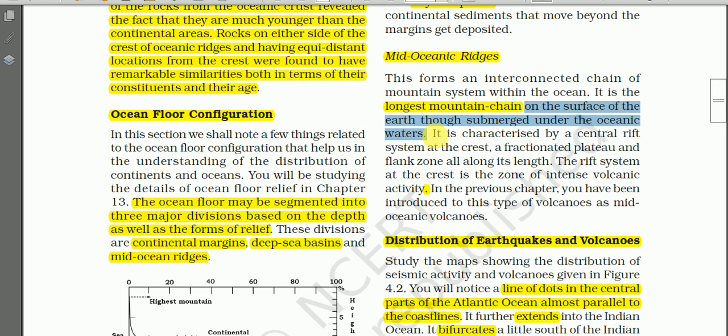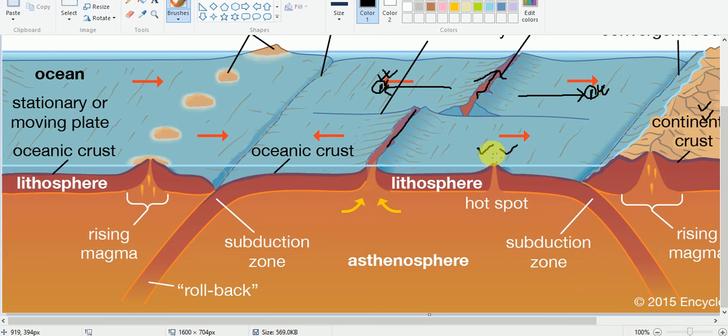It is characterized by a central rift system at the crest and a fractured plateau and a flank zone all along its length, and the rift system at the crest is the zone of intense volcanic activity. So again let us see the diagram here. This is the mid-oceanic ridge, and here we have a series of volcanic eruptions.